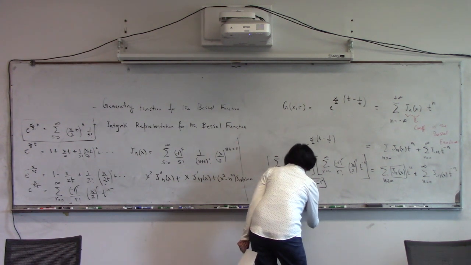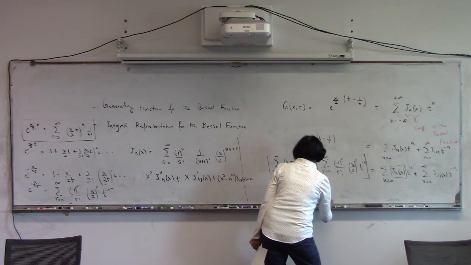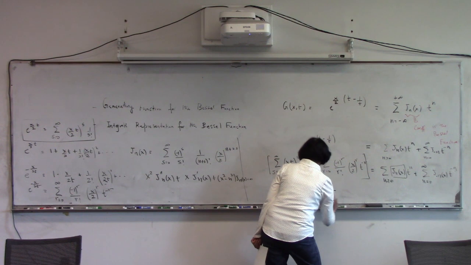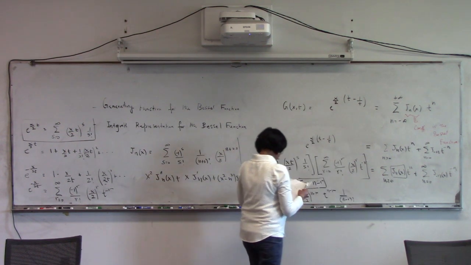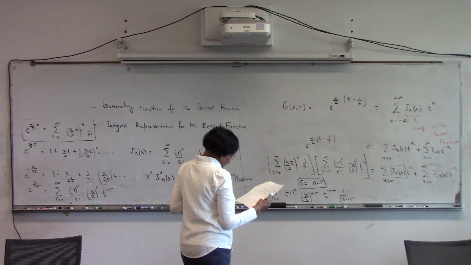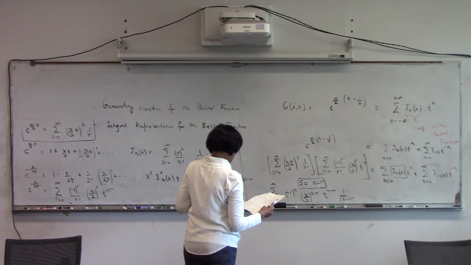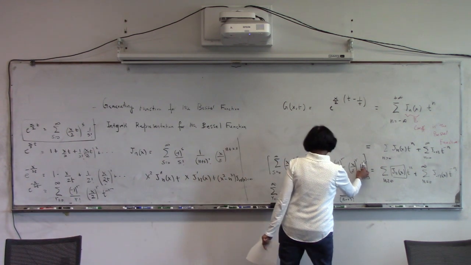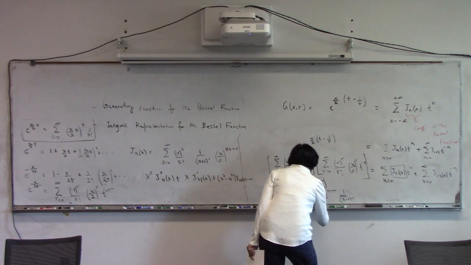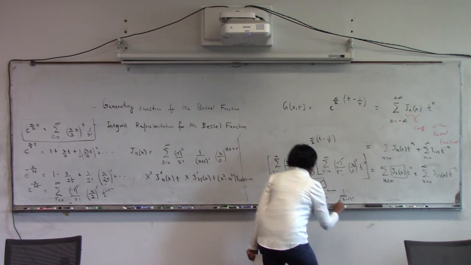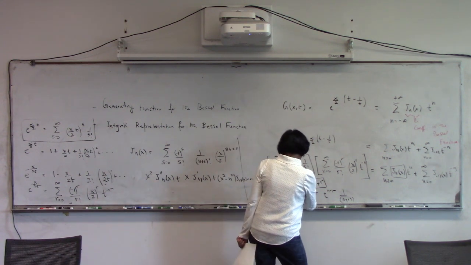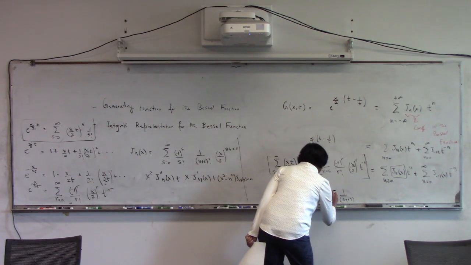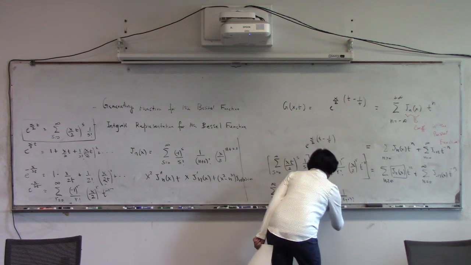Let's see. Okay, it leads to x over 2 to the power of n minus r, t to the power of n minus r, 1 over (n minus r) factorial. Oh, that is t to the minus n r. Okay, so I need to cancel that. Sorry, it's t to the n. I was right previously. Okay, this is (n plus r) factorial. I want to cancel that. S is then n plus r. Okay, that is t to the minus r. Okay, good.